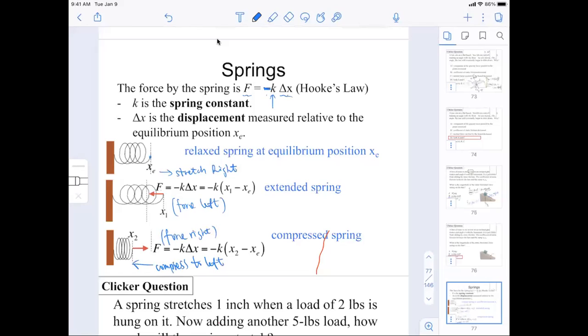So force is negative K delta X. We call it displacement, which is a vector, so implicitly it tells you in what direction you're pushing or pulling. It represents how much you have stretched or compressed your spring.